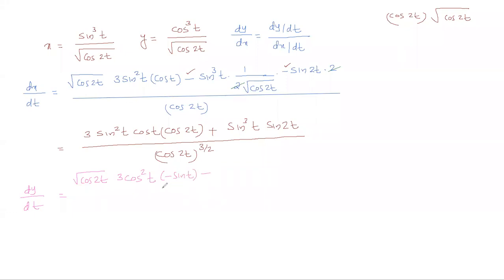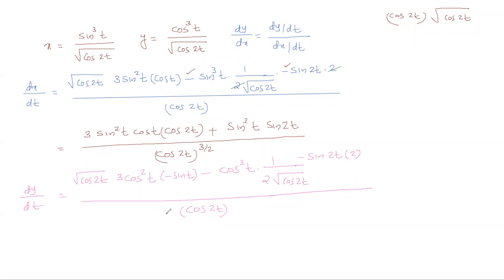Denominator into derivative of numerator, minus numerator, that is cos cube t, into derivative of denominator. So we just saw the derivative of root cos 2t is 1 by 2 root cos 2t into, in place of x it was cos 2t, its derivative minus sin 2t into the derivative of 2t, 2, the whole divided by the square of the denominator. So the square of under root cos 2t is cos 2t.